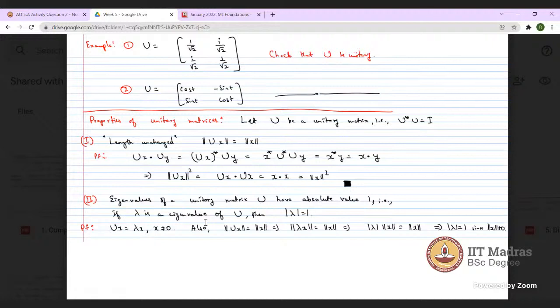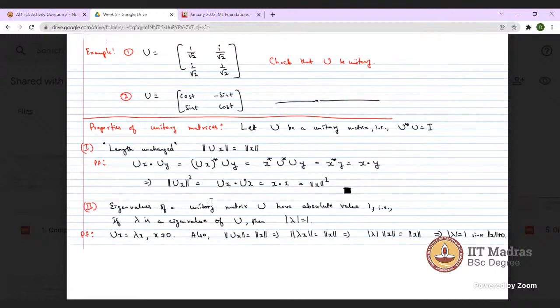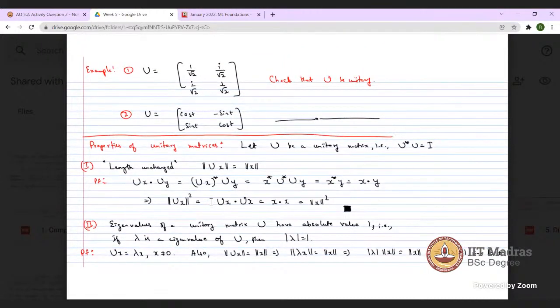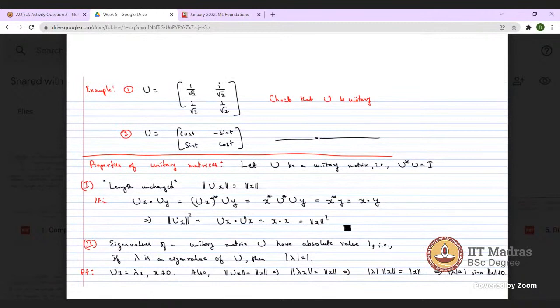This is exactly similar to the orthogonal matrices, A inverse into A equals I, where the eigenvalues will be either 1 or minus 1. That is, the absolute value, mod lambda, will always be equal to 1. I hope that is clear.